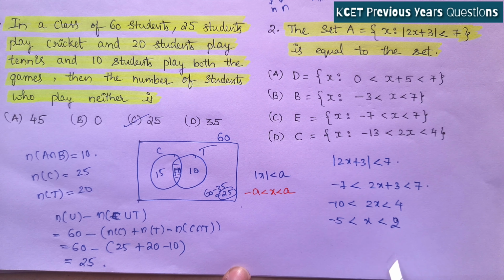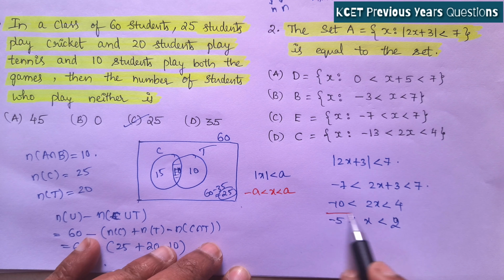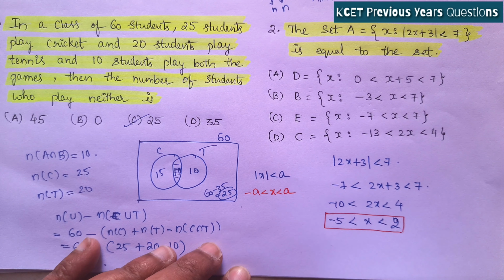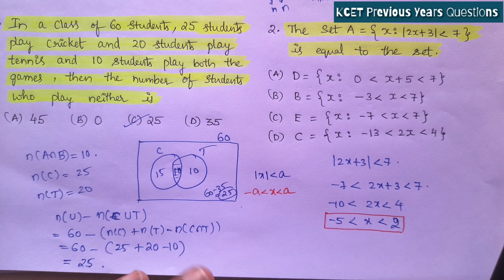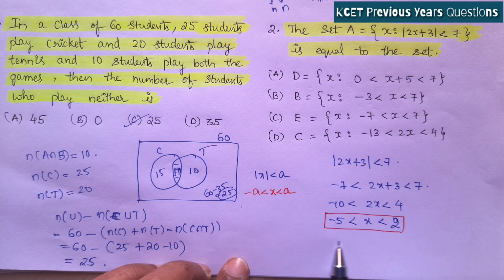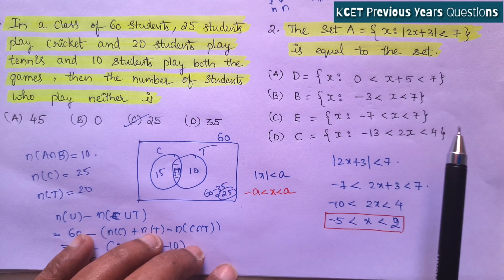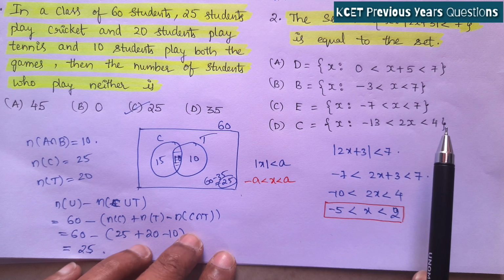Now we got this, but this is not there in any of the options: minus 5 less than x less than 2. But we should not worry about that. We have to observe whether we can convert this into any one of the options.